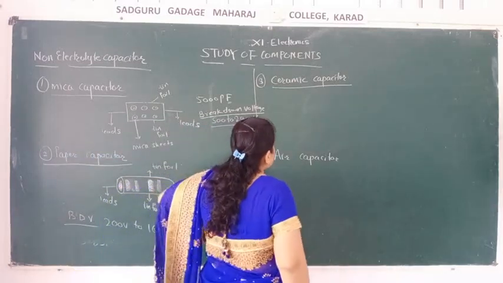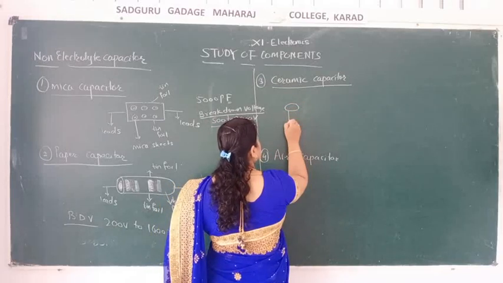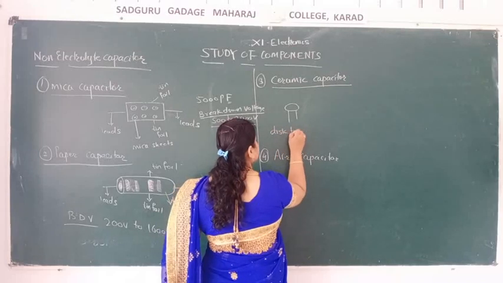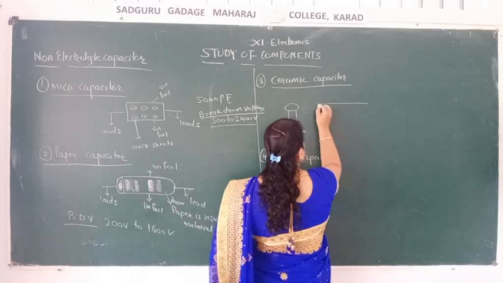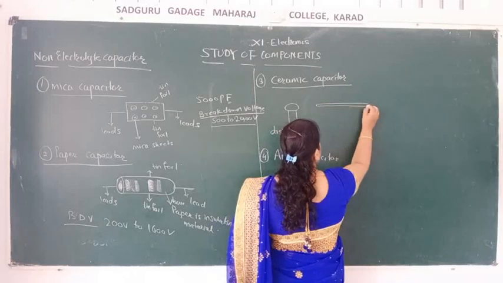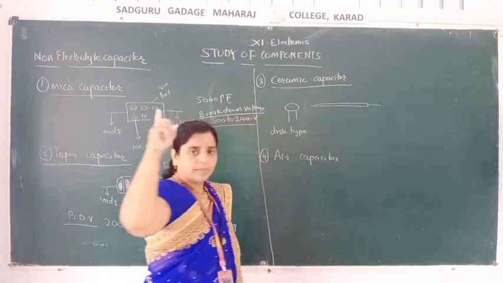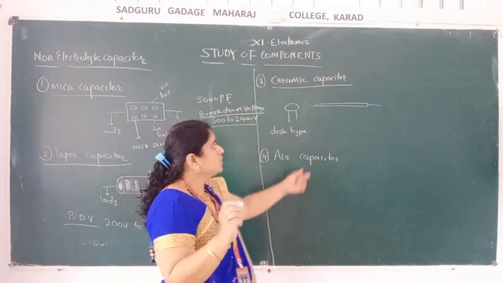Ceramic capacitor is like this. See, it is the disc type, or the tube type. We use the tube in the home, in our room, like this.